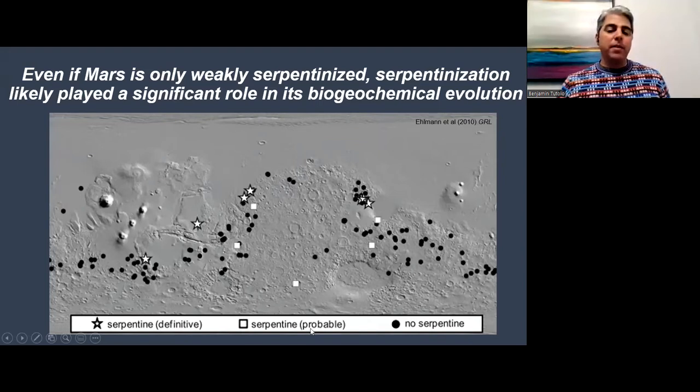And the white squares are places where serpentine was probable but not definitively identified. So what you see is that there's not very many stars on this plot. Those of us who study serpentinization reactions might be very disappointed by this plot, saying perhaps that there's not very much serpentine on Mars.